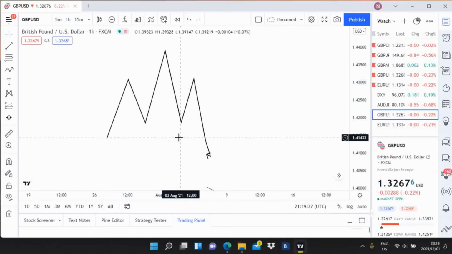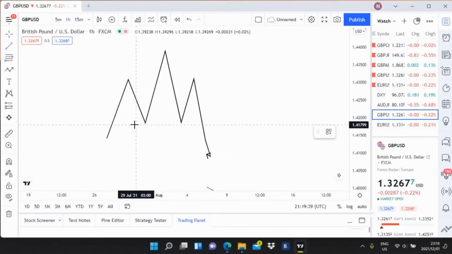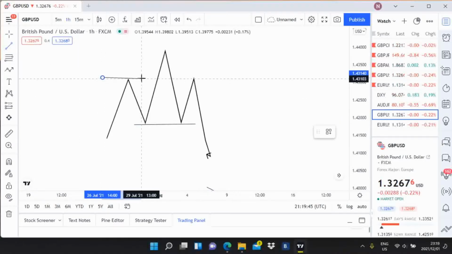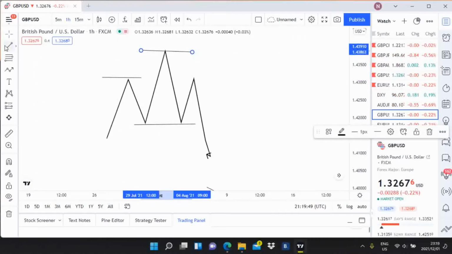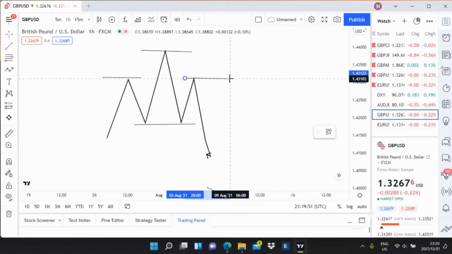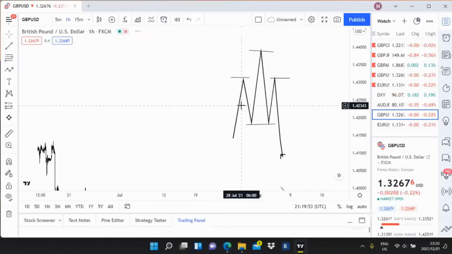And this here is called your neckline, the neckline of the head and shoulder. This here is called your left shoulder, this here is called your head, and here your other shoulder.